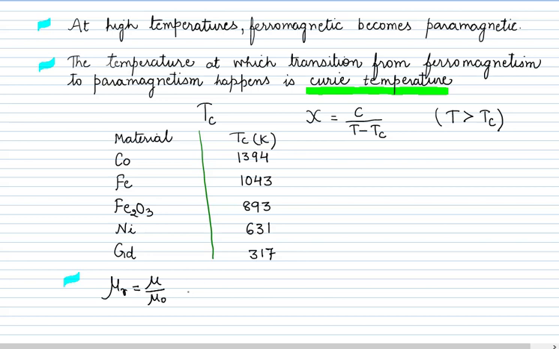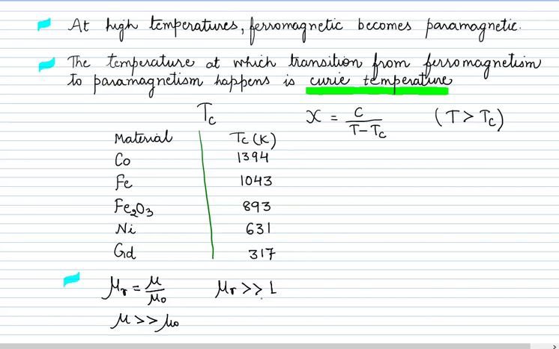So this mu is very much greater than mu naught. That means mu r should be very much greater than 1. Because only if this value is large, then multiplying mu naught with it will give mu a value very much greater than mu naught.